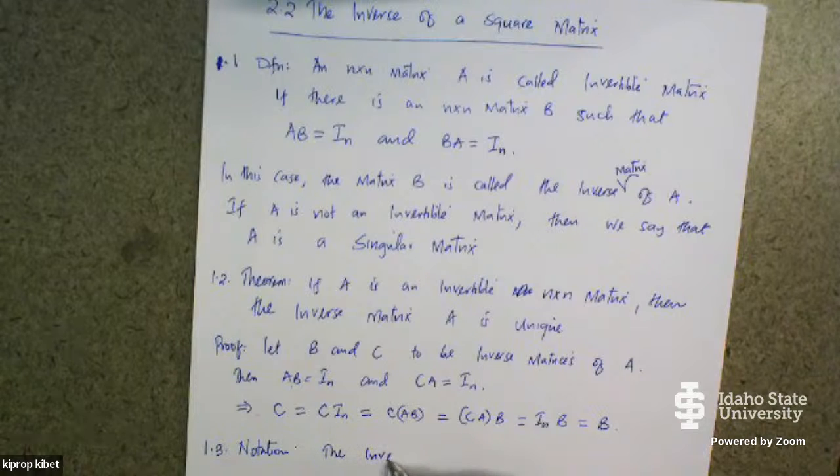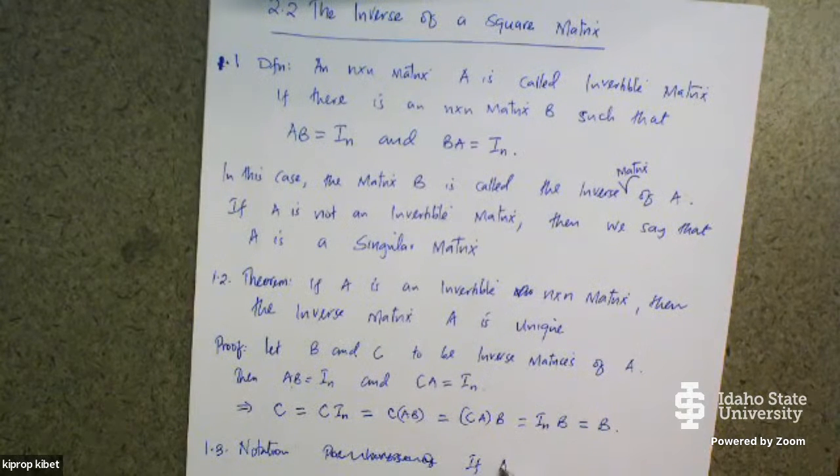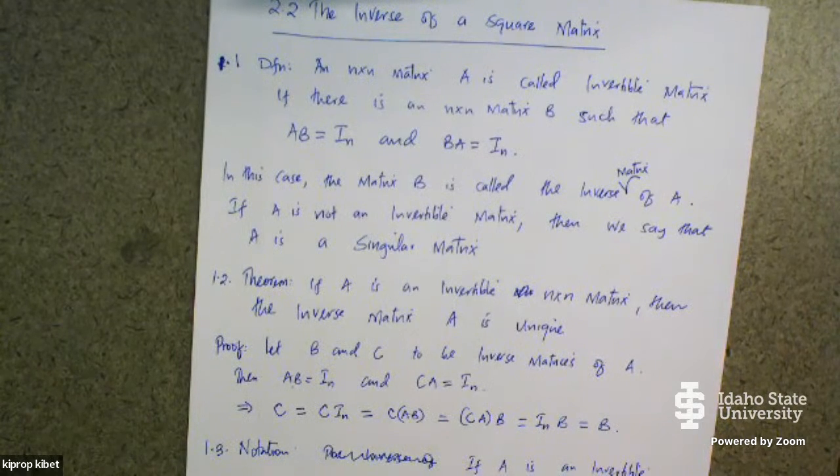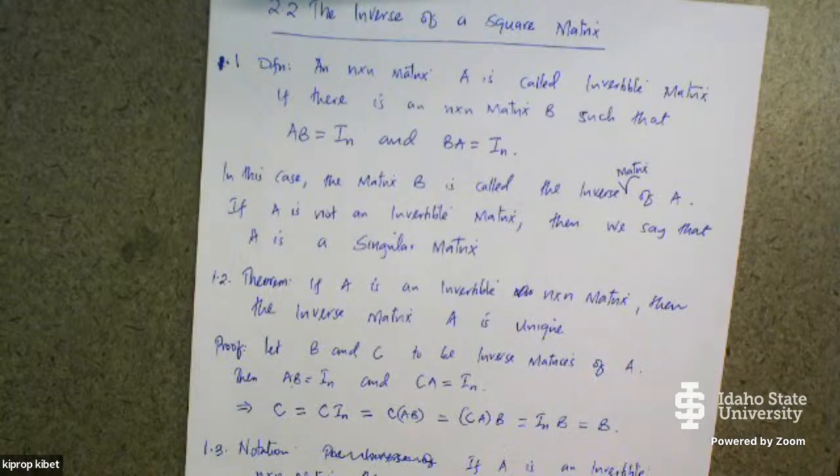If A is an invertible n by n matrix, then we denote the inverse matrix of A as A inverse, and we put it like that.